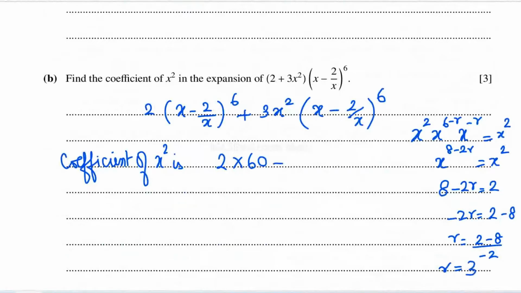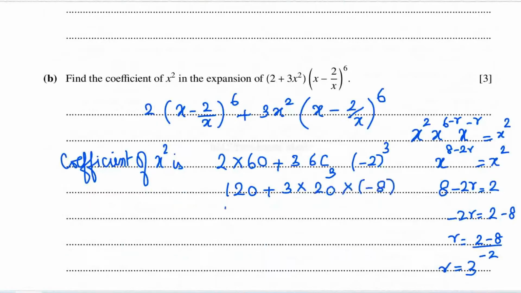So 3 multiplied by 6c3 minus 2 power 3. So 2 multiplied by 60 is 120 plus 3 multiplied by 6c3 is 20. 20 multiplied by minus 8.